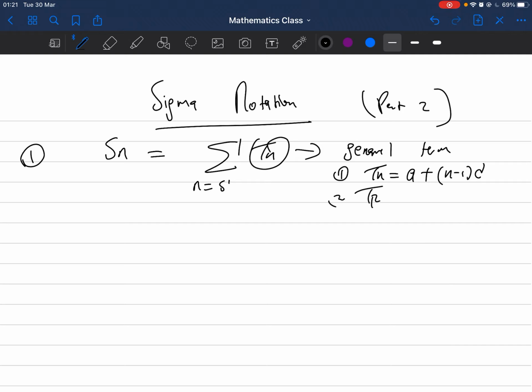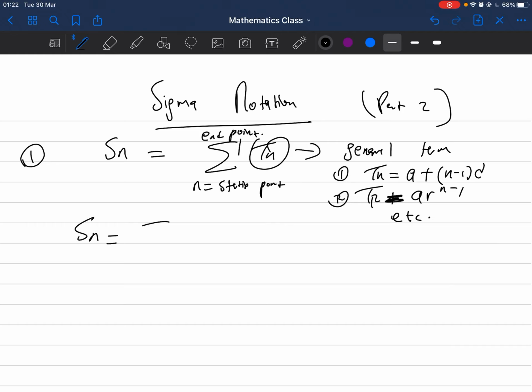It can be your geometric term, which is a geometric term we know, equal to ar to the power n minus 1, etc. And then there's the starting point, and this is your end point. Okay? Starting point, end point.